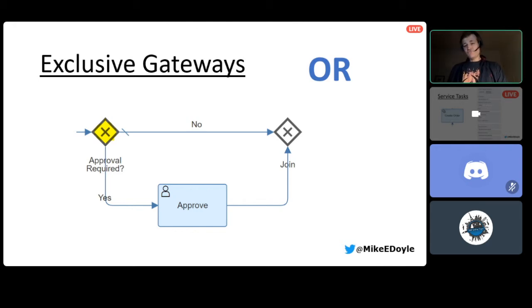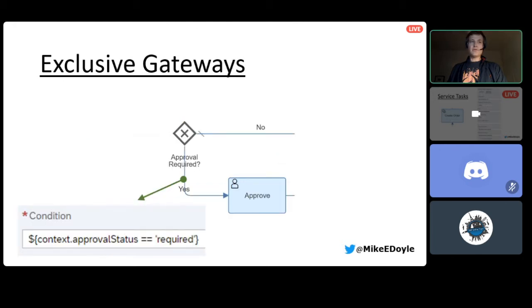But if approval isn't required, then we go along the top. The important thing with exclusive gateways is we need to maintain these flows so that the workflow knows which way it's supposed to go. So one of the flows has to have a condition attached to it.